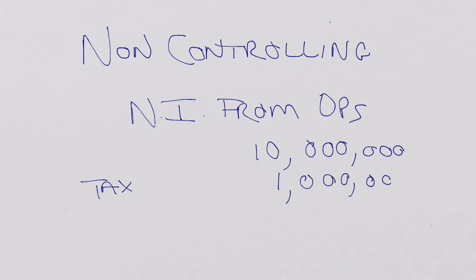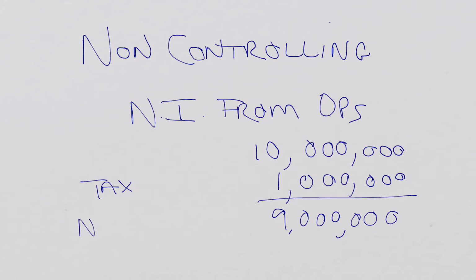So let's say it's $1 million, and then they'll show $9 million as their net income from operations after tax. This is how those income statements work. See the text for more detail.